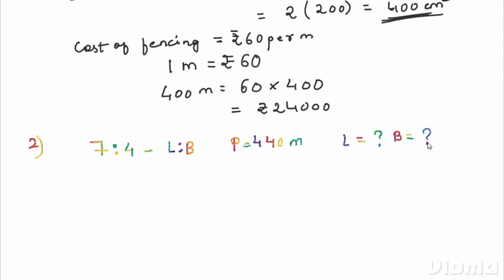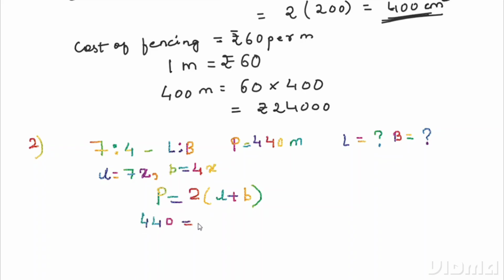Now I know everything. Here they have given me the ratio, but I don't want it in the ratio. So can I take my length as 7x and my breadth as 4x? Because this is given in the ratio. Now they are telling that the perimeter is 440. So I can write that perimeter is 2 times (L plus B), and this perimeter is given as 440.